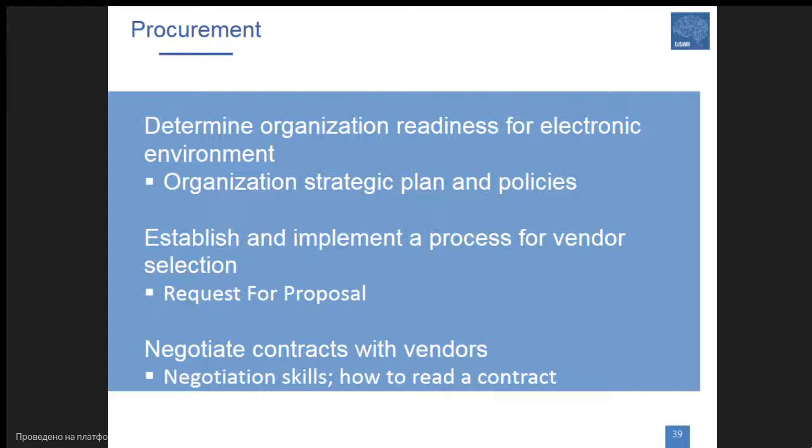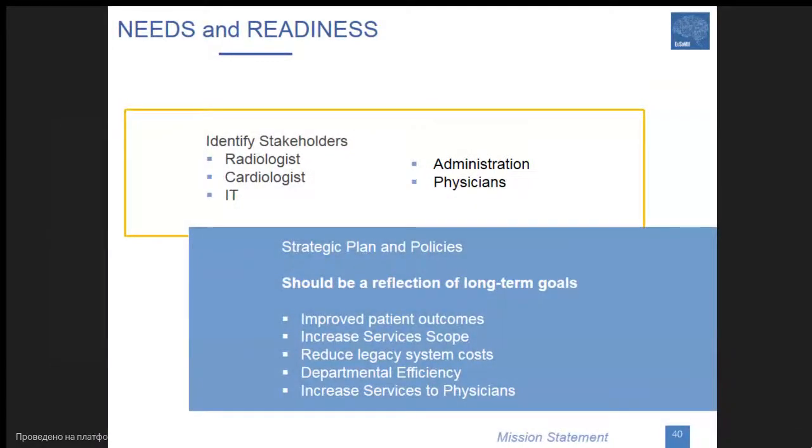You need to establish and implement a process for vendor selection and negotiate contracts with the vendors. You need negotiation skills, and if you are a manager, you need to understand how to read the contract and how to budget it. For needs and readiness, the important stakeholders are radiologists, cardiologists, IT, administration, and physicians.